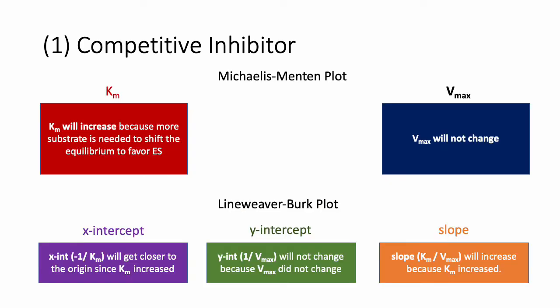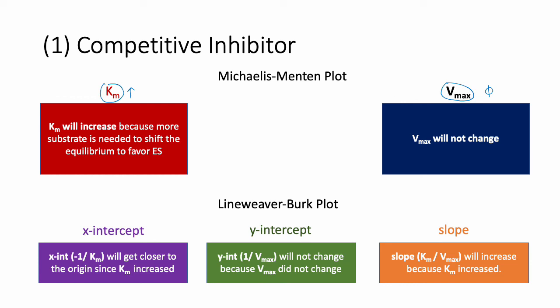So for each inhibitor, we'll discuss the effects on the Michaelis-Menten plot and the Lineweaver-Burke plot. First, for the Michaelis-Menten plot, Km will increase and Vmax will not change. So for the Lineweaver-Burke plot, the x-intercept, -1 over Km, will get closer to the origin since Km increased.